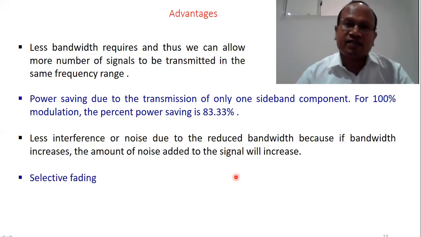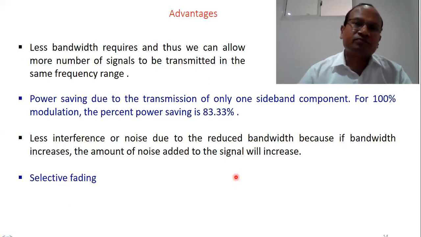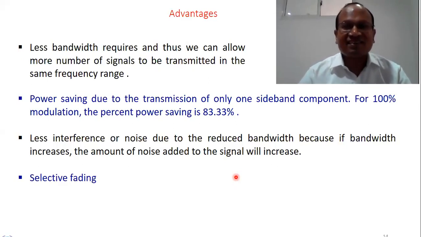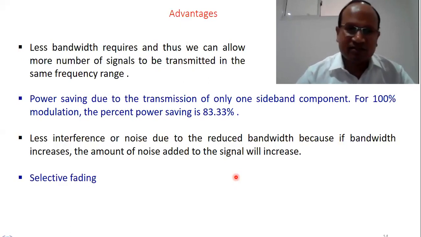So in SSB, the bandwidth is reduced to half, so the likelihood of mixing unwanted signal is obviously reduced, and therefore there is less interference or noise.